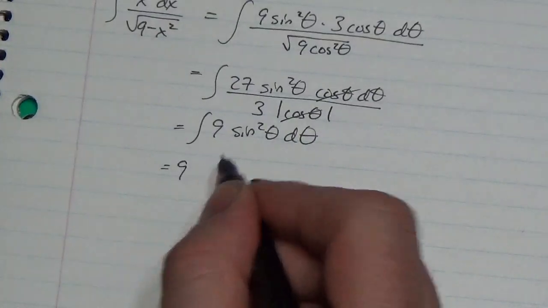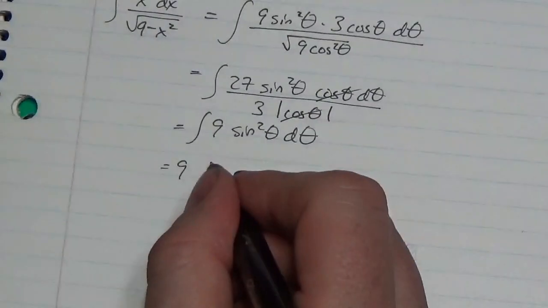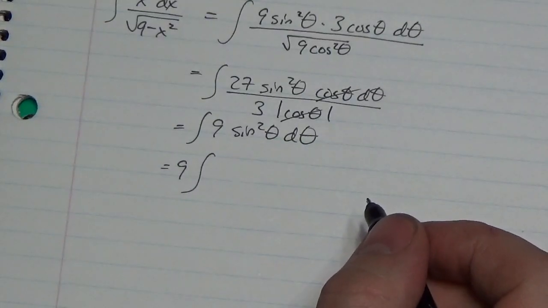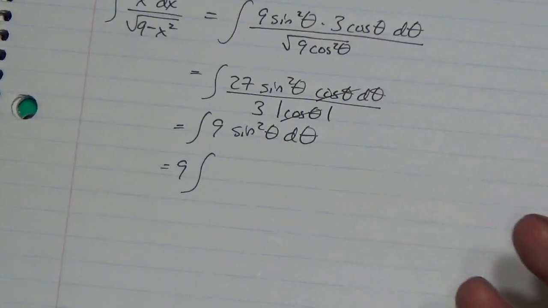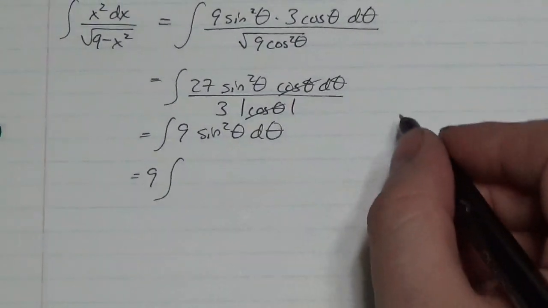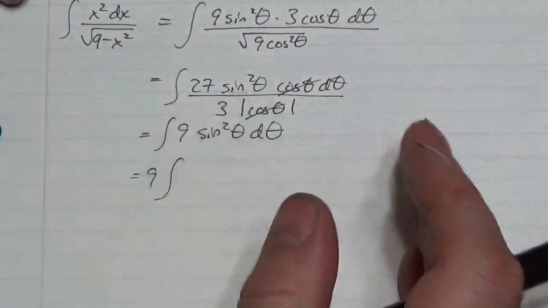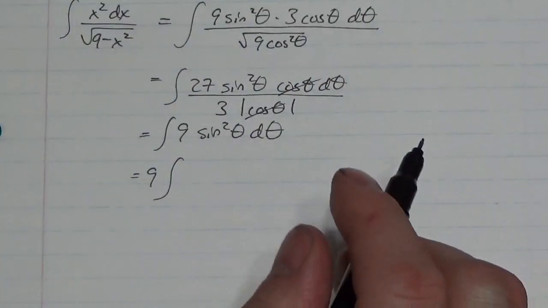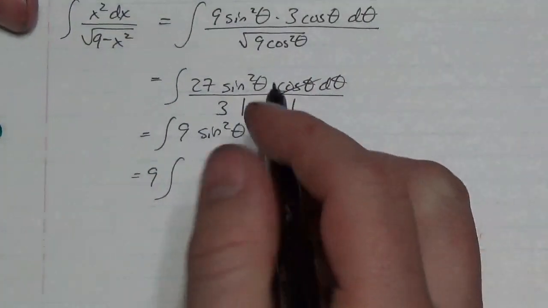Okay, so now I'm going to take the 9 out because it's a constant, so I don't need to worry about it. But sine squared, okay, what do I do with sine squared? Well, I remember my identities. Now, don't make that 1 minus cosine squared. That's maybe not going to take you the direction you want to go. You're going to end up doing a little loop there.